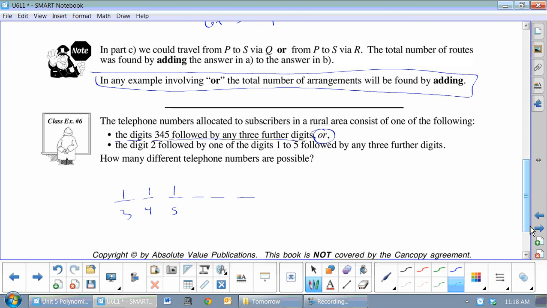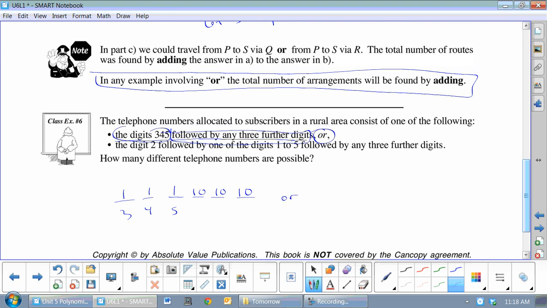Now, how many choices for the next digit in your phone number? You get to choose it. You're like, I get to pick. How many choices for the first one? So I've done this part. Now I'm doing this one, followed by any 3 digits. 10, 10, 10, right?